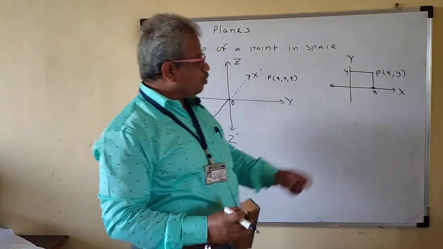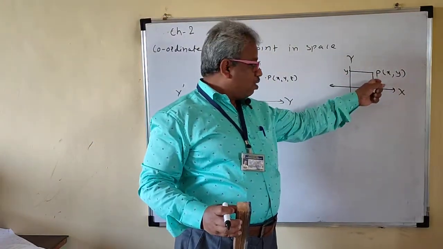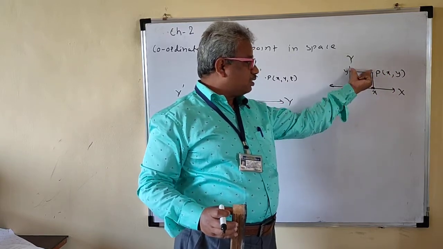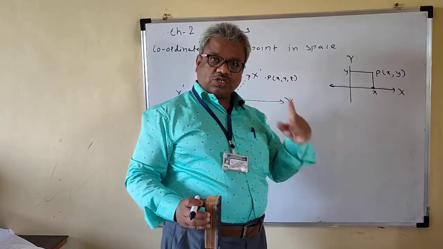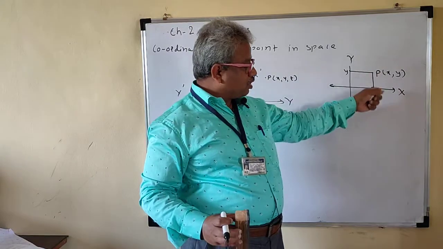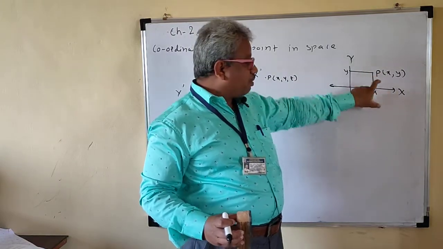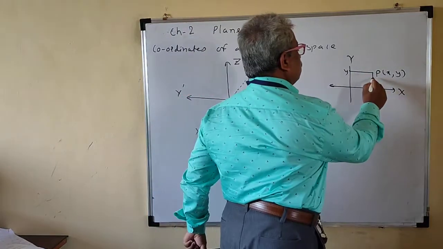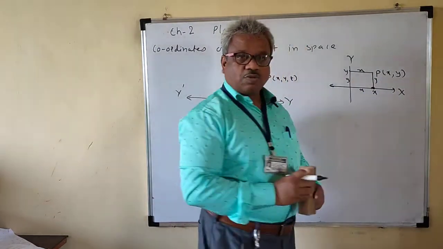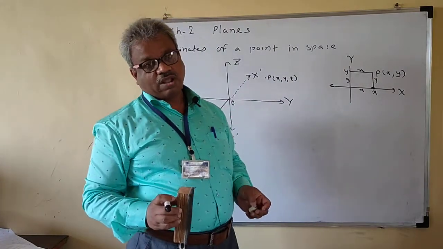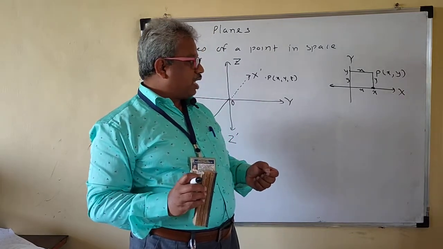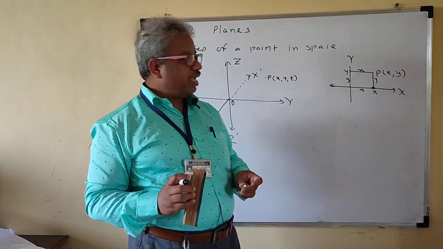Or simply, the perpendicular distance of point P from the y-axis is the x coordinate, and the perpendicular distance of P from the x-axis is the y coordinate of the point.